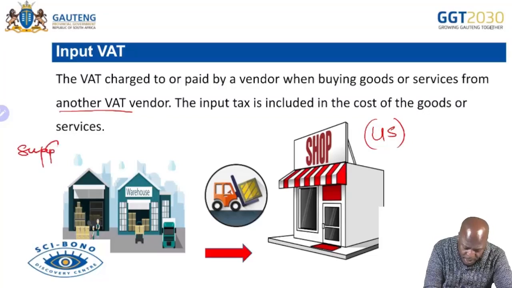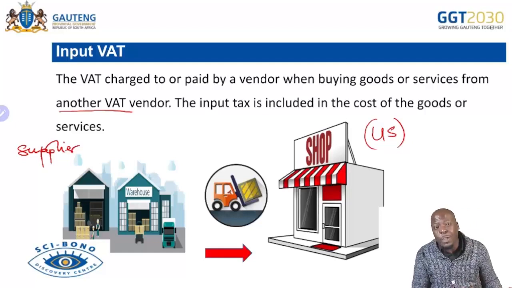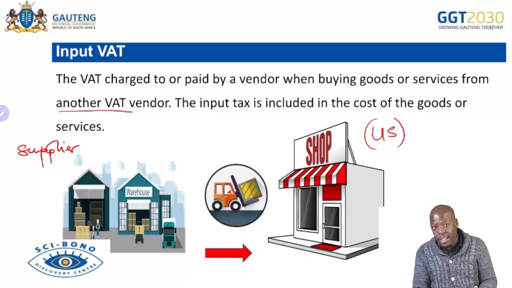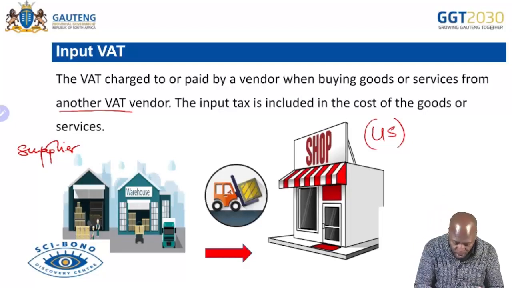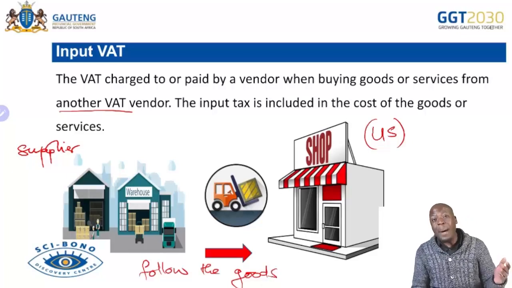Now, our supplier is going to sell goods to us. The moment the goods are coming in, it becomes easy for you to tell whether it is input VAT by following the goods. So here we'll just say, follow the goods.